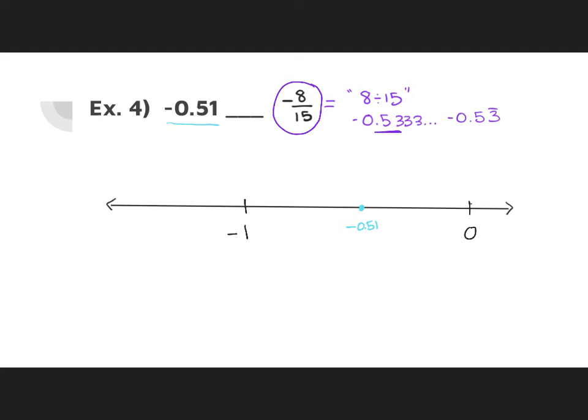So that is actually more. I'm owing more, so it's actually closer to that negative 1. So I'm going to write negative 8/15. So I'm starting with this one, 51 hundredths. So that one is actually closer to the greater. So negative 51 hundredths is greater than negative 8/15.